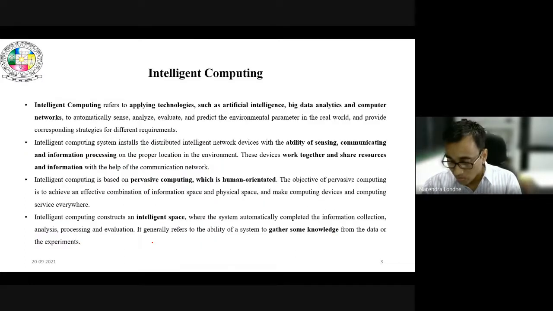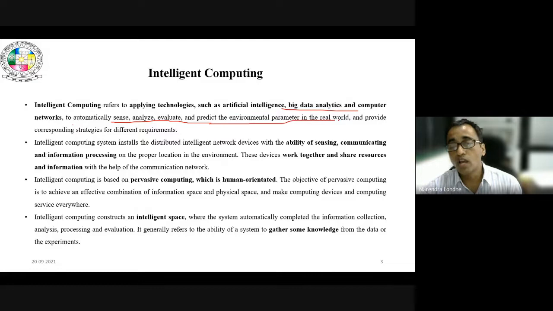Now the next thing that comes to mind is: what is intelligent computing? Intelligent computing is basically developing artificial intelligence designs, assisted with big data analytics and computer networks, so that we can sense, analyze, evaluate and predict environmental parameters in the real world.